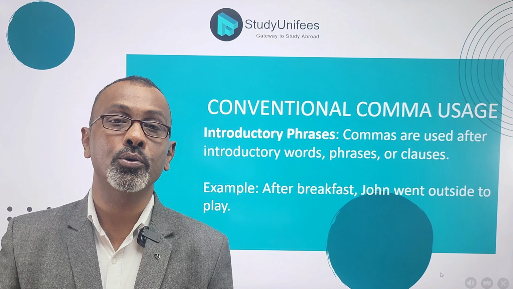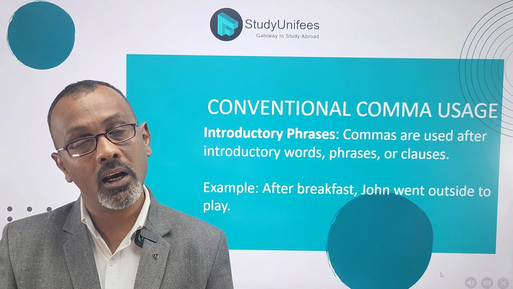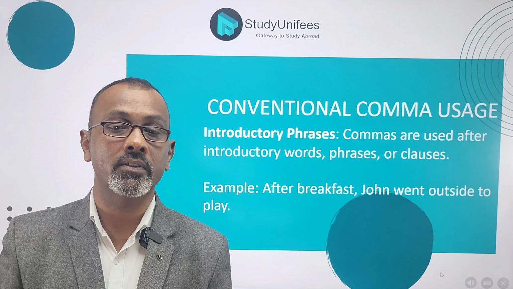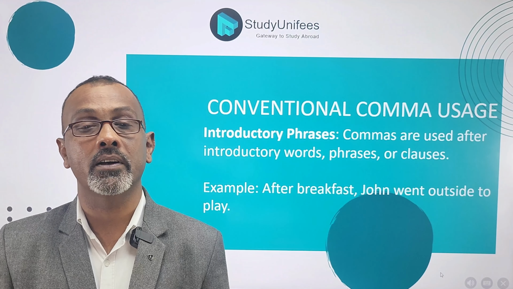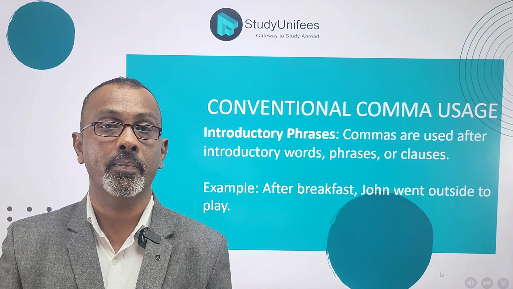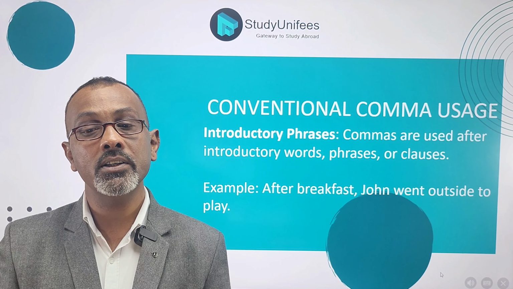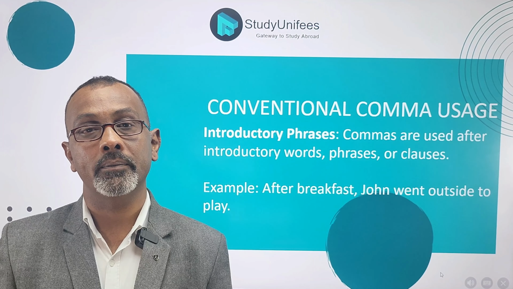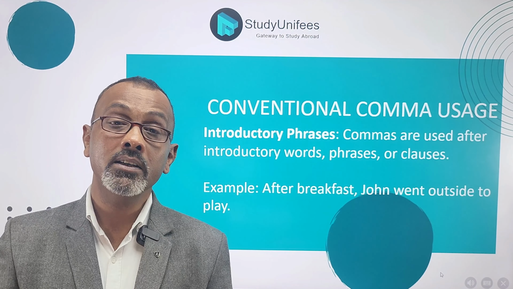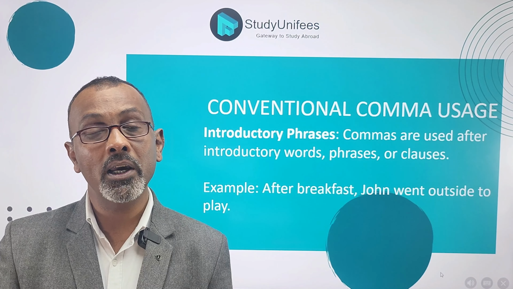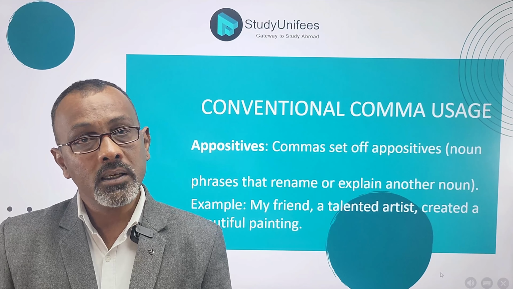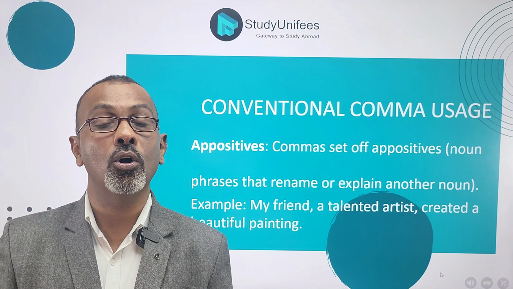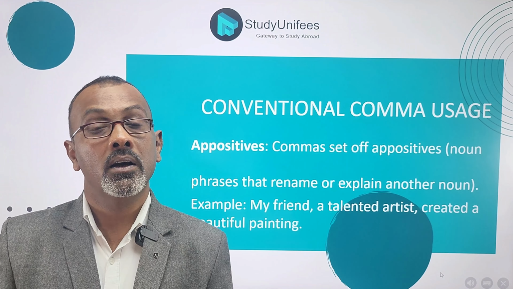Commas are also used to separate introductory phrases from the rest of the sentence. Here, in the example, after breakfast is the introductory phrase. The independent clause here is, John went outside to play. Here, it is recommended that you use the comma immediately after the introductory clause or phrase. Sometimes, appositives are also used in sentences.